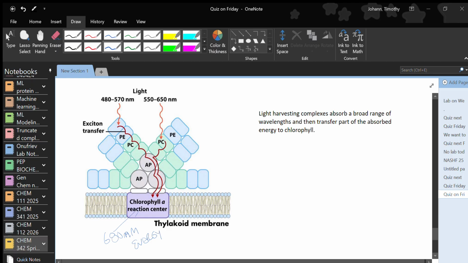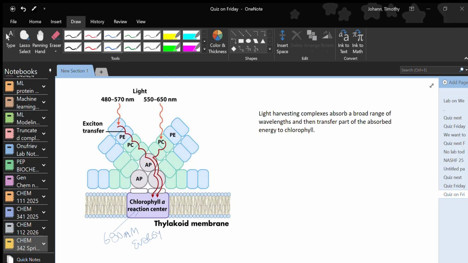Nanometers isn't a unit of energy, but you could convert it to energy using Planck's constant once you've got the frequency. So we've got all these other molecules.